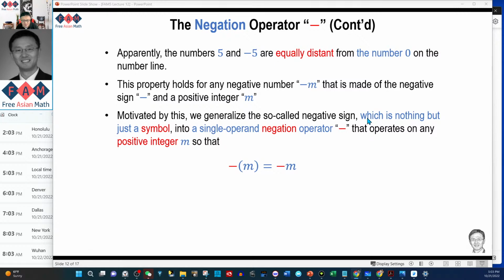On the left-hand side, we have an operator on a positive integer. And the result is a negative integer we normally write in this format, where on the right-hand side, it's just a combination of this symbol and the positive integer m. That's why now we say the negative sign is actually an operator, because those two mean the same thing by definition.